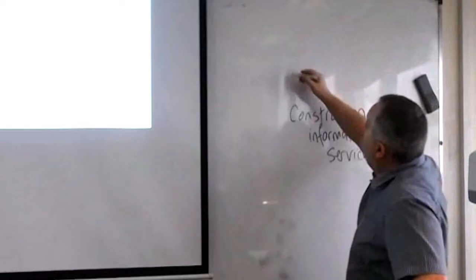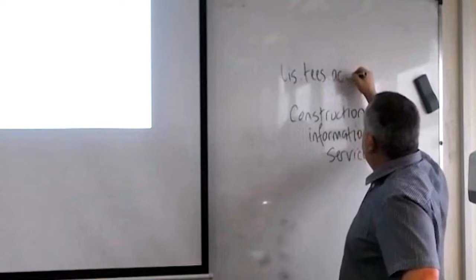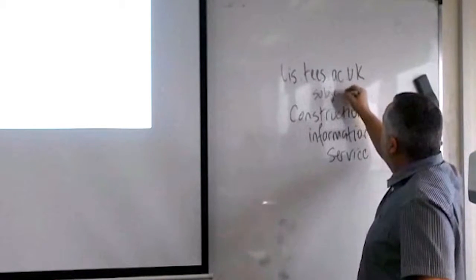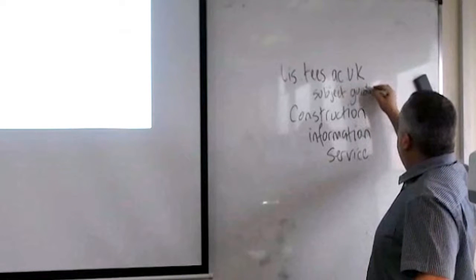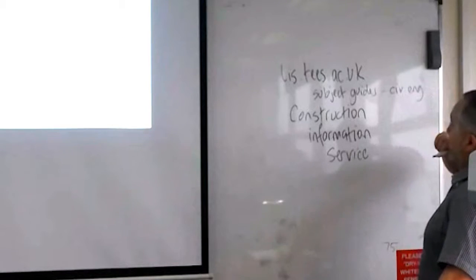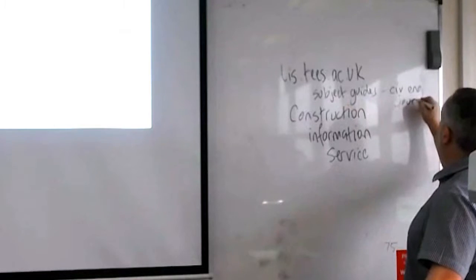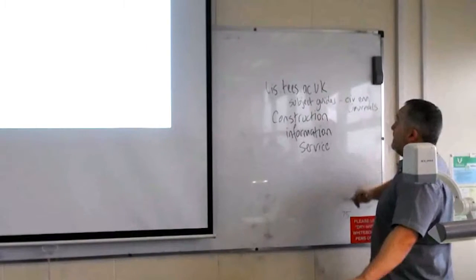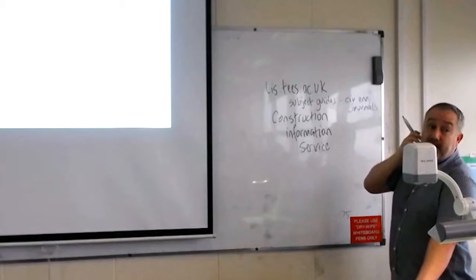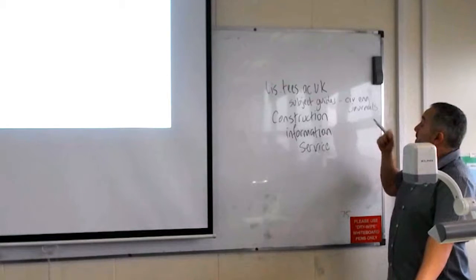But if you go via the library, lis.tees.ac.uk, if you go to subject guides, and if you go to civil engineering, then I think it's under journals, and that's where you've got the electronic databases. So that's where you get access to the ICE journals and the IStructE journals. So you can get all of them for free.